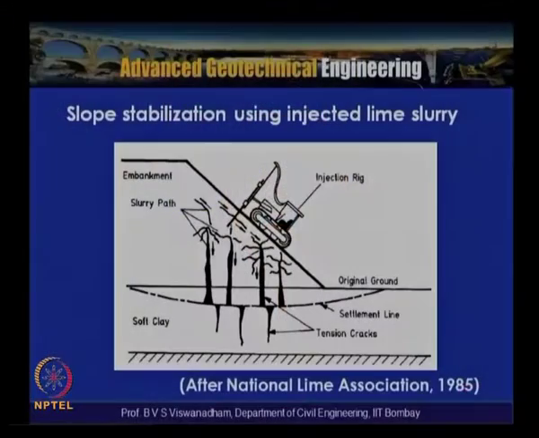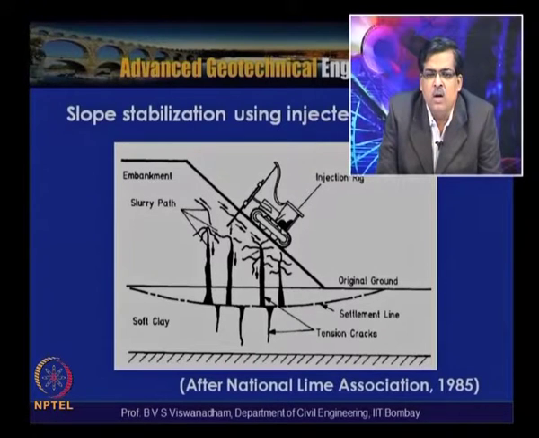Another technique we discussed is slope stabilization using lime slurry. If the slope is suitable for this type of technique, injected lime slurry is used, pumping the lime at high pressure.